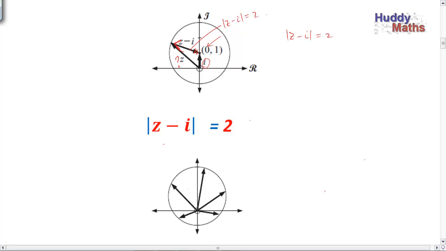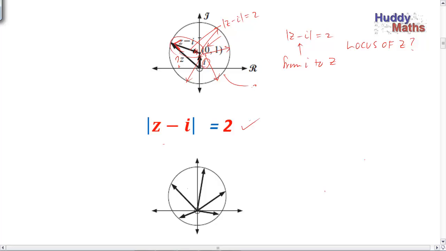So we start at (0, 1), and this vector, remember, is from i to the end of z there. That way it's going to be a detector, if you like, of the end of z, and that's what we want. We're trying to find the locus of z, where you would look for z. Can you see, if it's 2, this is going to form a circle, all positions z − i which have a length of 2.